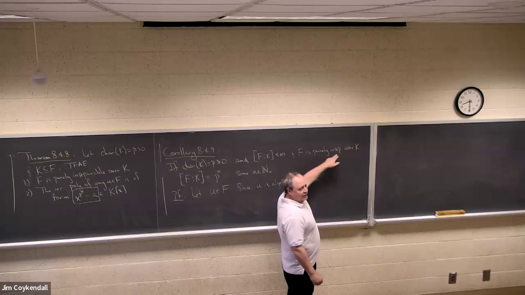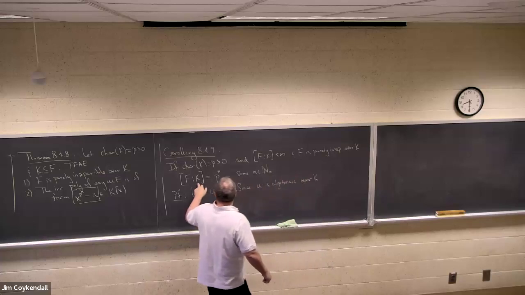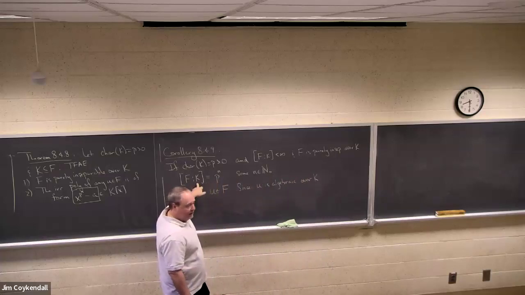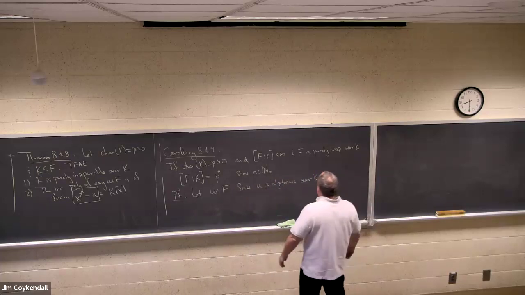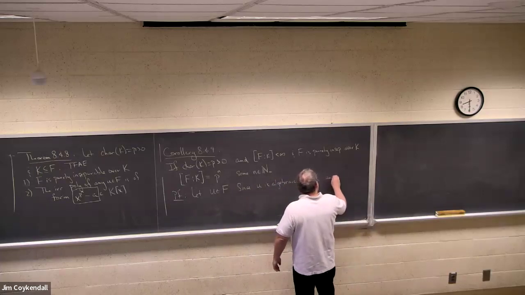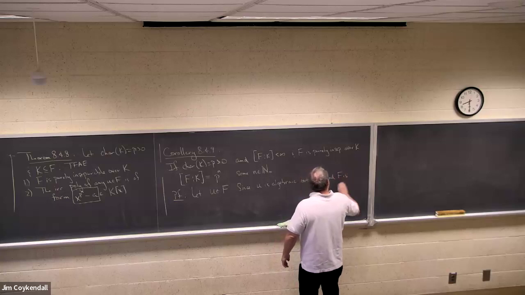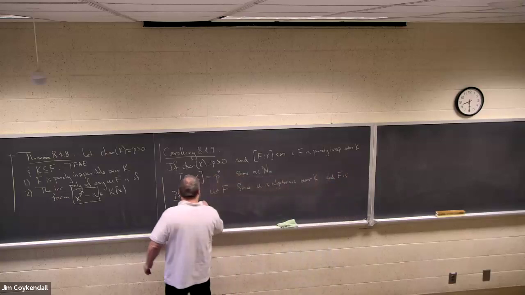One is it's purely inseparable, and just by definition, when you talk about a purely inseparable extension, you're talking about something algebraic. But even stronger than that is the fact that I know that this is a finite degree extension.